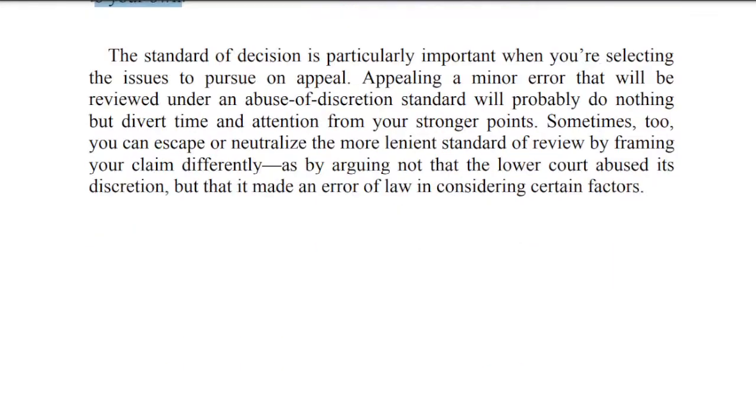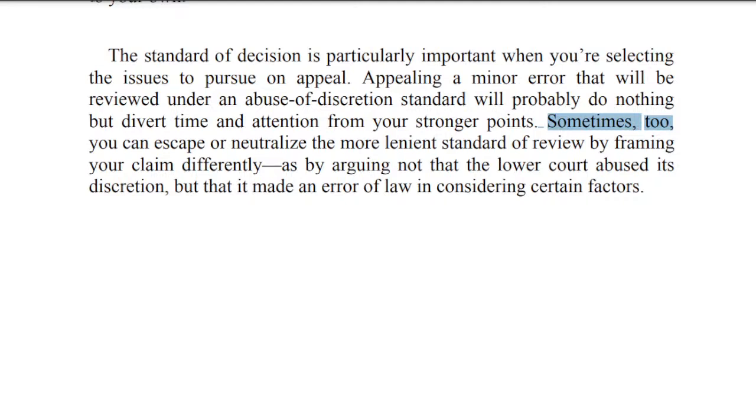Good instructions here. The standard of decision is particularly important. Here we're talking about, again, the standard of decisions. What standard are they using for making decisions in cases, depending on the court? It's particularly important when you're selecting the issues to pursue on appeal. Appealing a minor error that will be reviewed under an abuse of discretion standard will probably do nothing but divert time and attention from your stronger points.